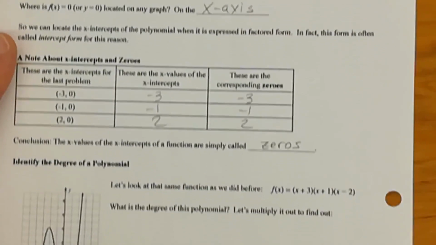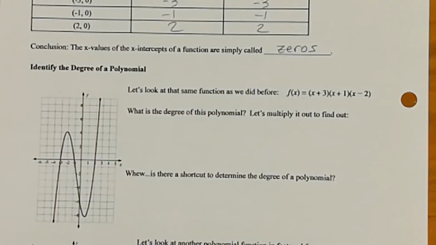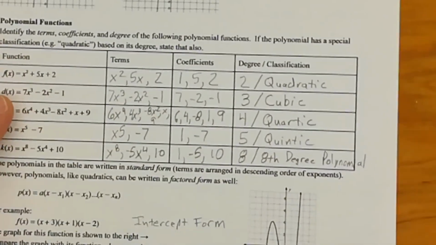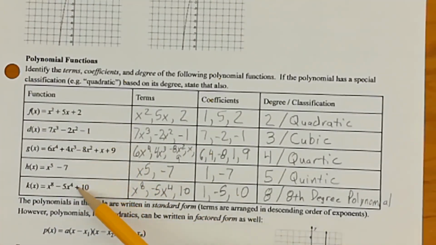All right, and on to the last part here, identifying the degree of a polynomial. We talked about degree on the previous slide. We were identifying degrees of these standard form polynomials, and we did that by looking for the highest exponent on a variable. That determined the degree.